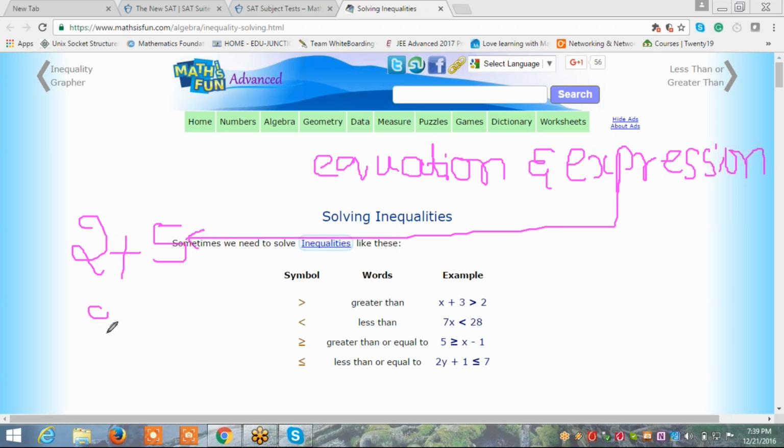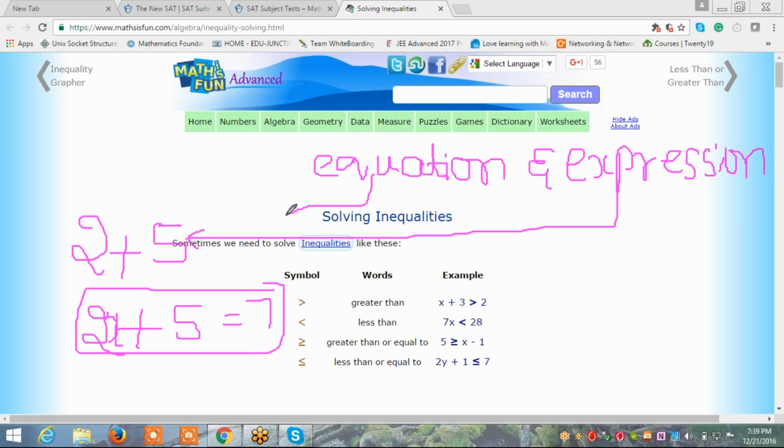If I write 2 plus 5 equals 7, that is a statement. If I write 2 times x plus 5 equals 7, this we call an equation. What you told, it contains an equal sign, that will be an equation. If you don't have an equal sign, LHS and RHS, then it is an expression.